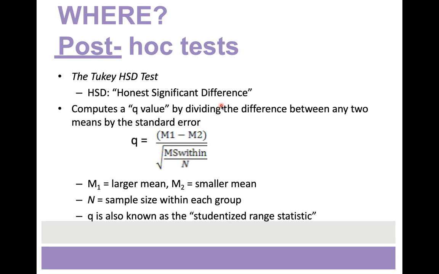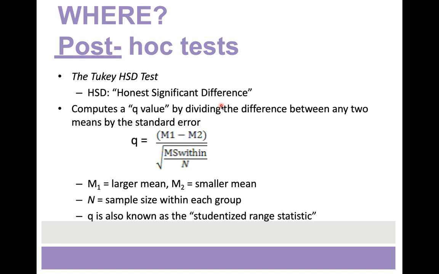If we had 4 groups, it'd be 1 versus 2, 1 versus 3, 1 versus 4, 2 versus 3, 2 versus 4, 3 versus 4, and so on as we add groups or levels of the independent variable. The point here is that after we have found a significant ANOVA, we need to do individual comparisons such that we find the exact nature of the difference.